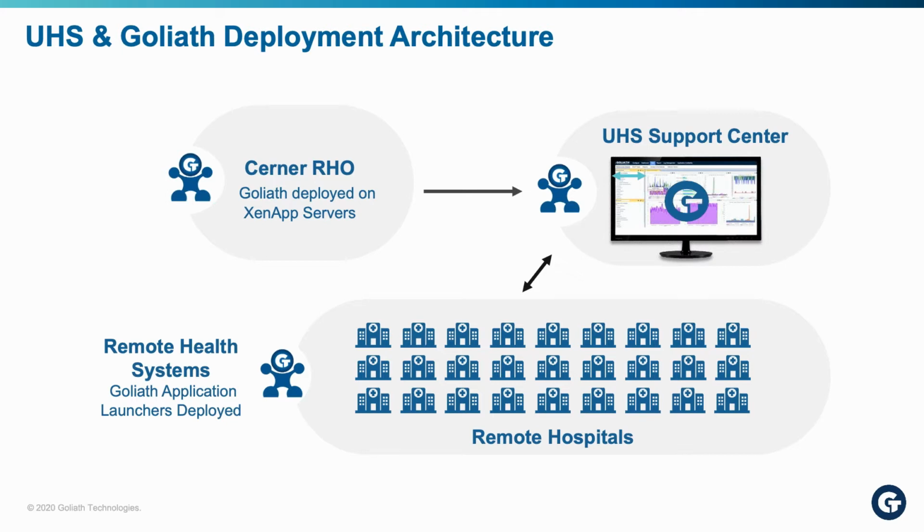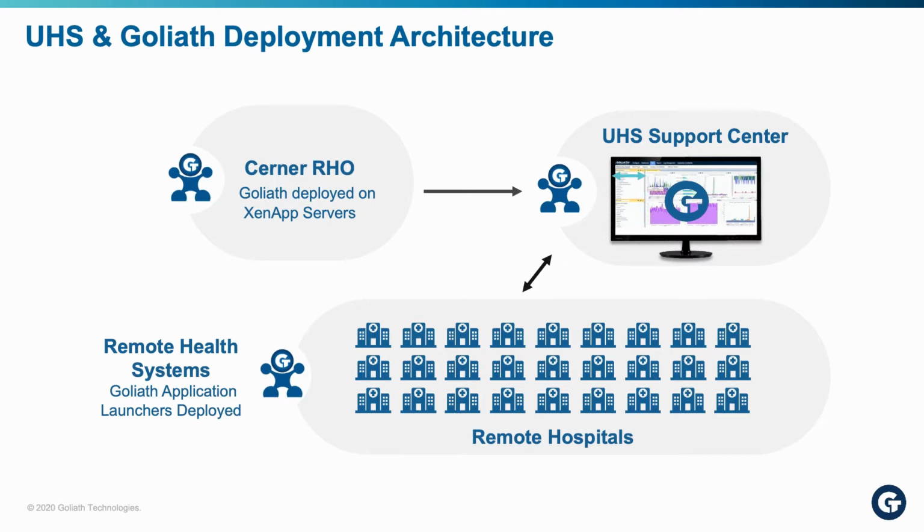So how they have the technology deployed is they have technology deployed in Cerner RHO for monitoring and troubleshooting. They have a central Goliath server that's deployed in their data center. And then they have lightweight pieces of technology that's deployed on a laptop or workstation or virtual machine at each of their different acute care hospital locations.